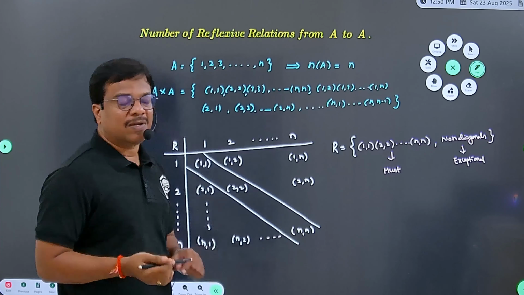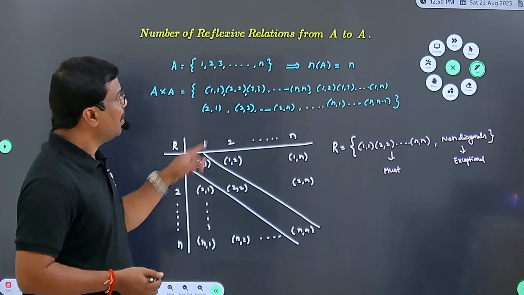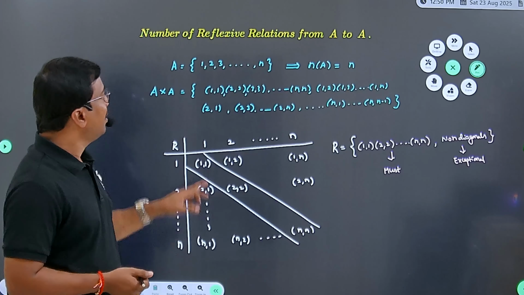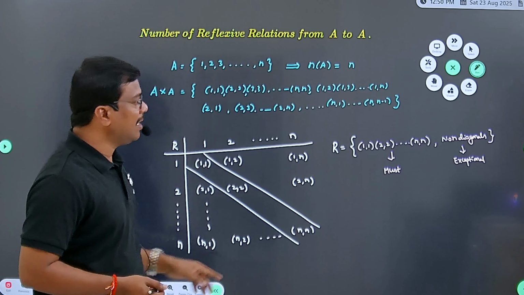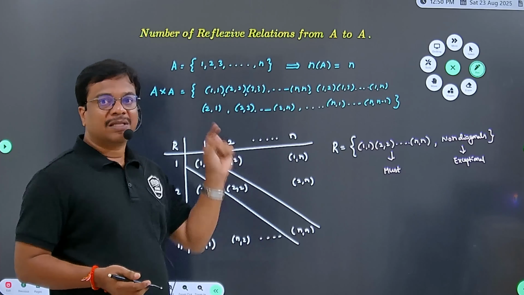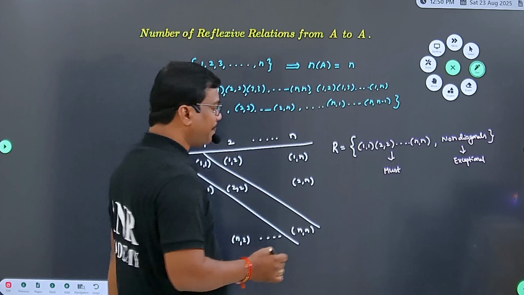So now let us observe how to find the number of relations. You know that a relation is said to be reflexive if it must contain the diagonal elements, so there is only one chance to write the diagonal elements.